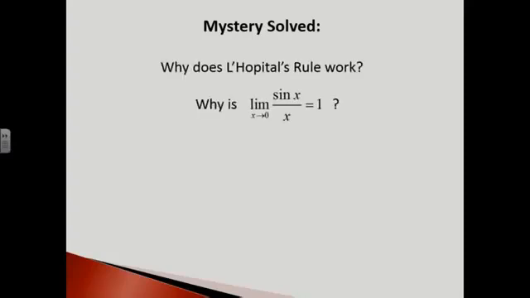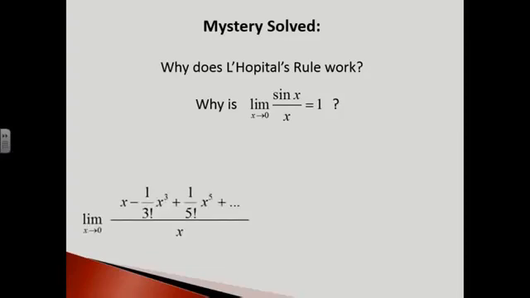By expressing a function as a series, we can explain the mystery under L'Hopital's rule. Why is the limit as x tends to 0 of sin x divided by x equal to 1?